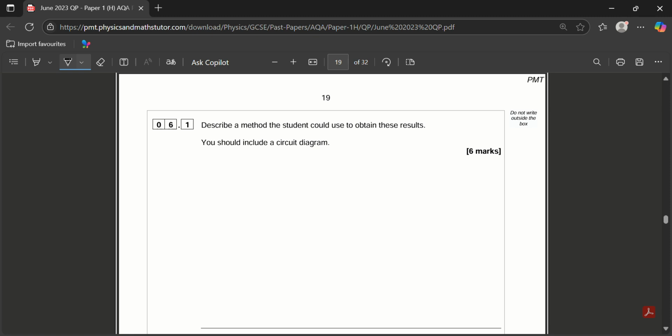So let's have a power supply like this. We're going to need a variable resistor to change the current in and the potential difference across the filament lamp that we have here.